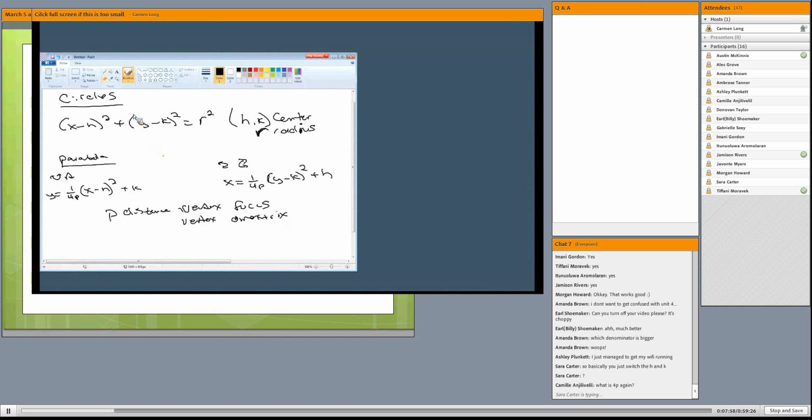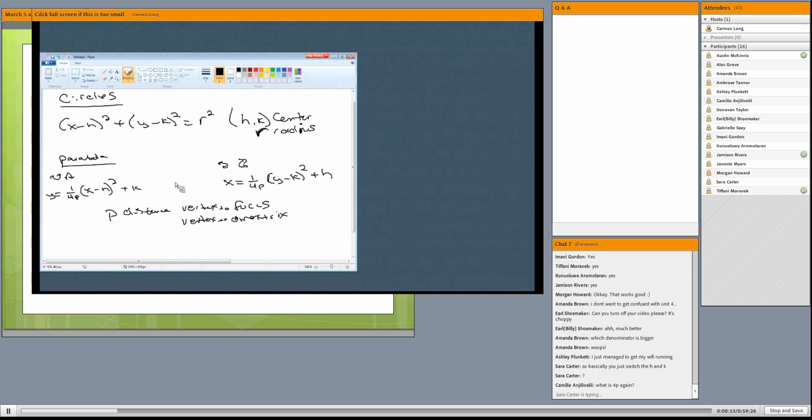Let me rewrite that. So p is the distance from the vertex to the focus, and is also the distance from the vertex to the directrix. But it's not 4p.